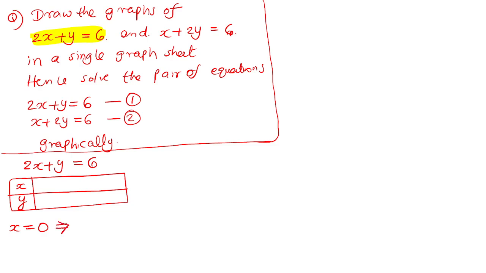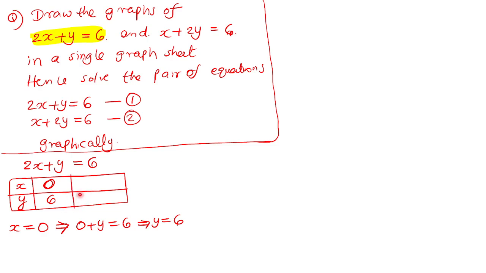If you put x equal to 0 in this equation, what happens? 2 into 0 is 0, correct? Plus y is equal to 6, or y equal to 6. If you put x equal to 0, y equal to 6.